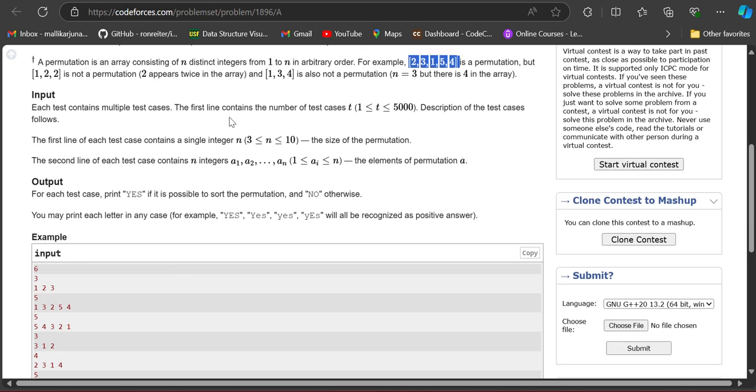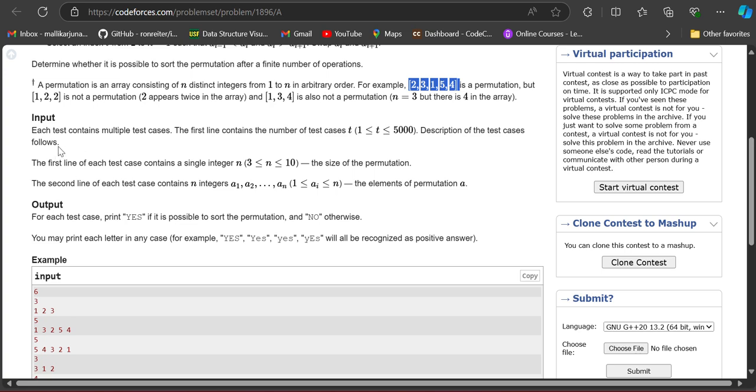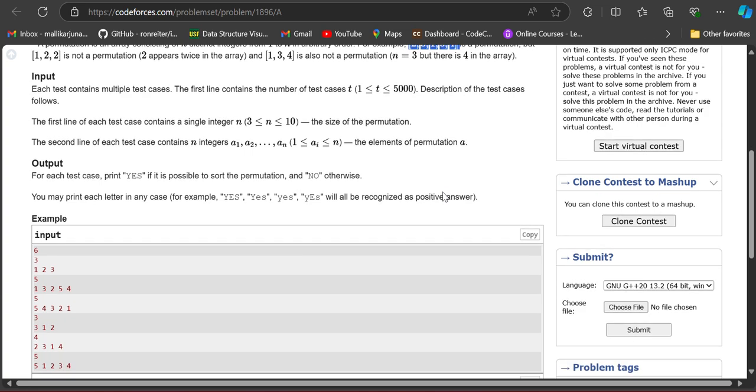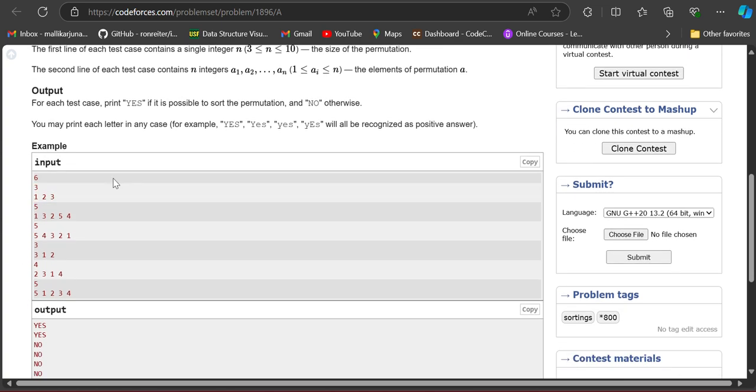So that is how you define a permutation. In the test cases, we have to read an integer n, and the second line contains the integers from A1 to An, the elements of permutation A. So this is the size and the elements of the permutation. Can we sort them?